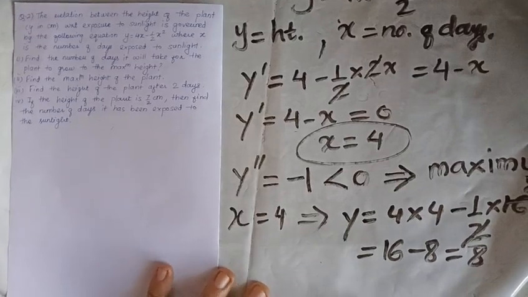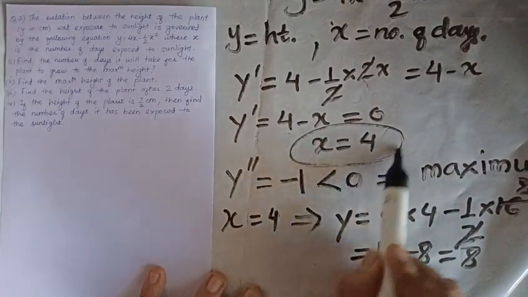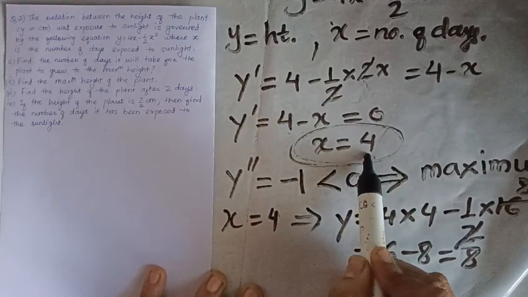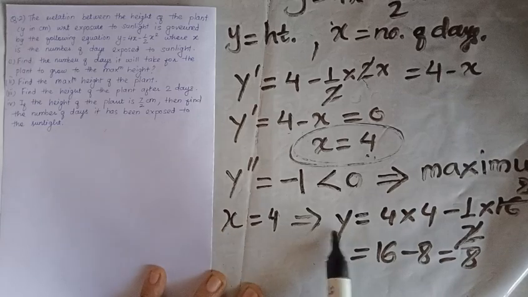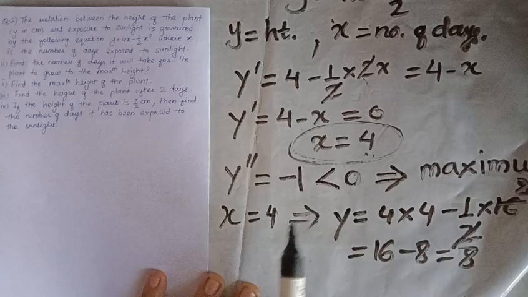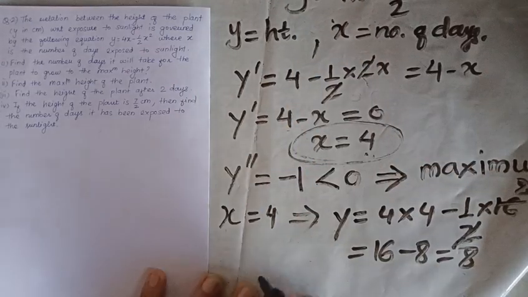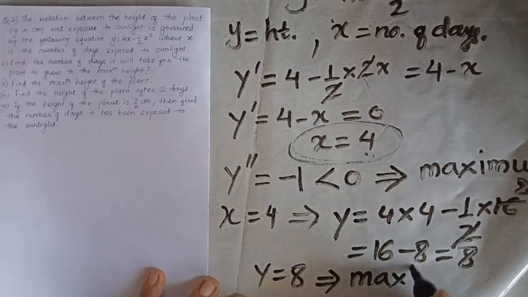So after getting the maxima, x equal to 4 becomes the point of maximum. We have to find the maximum height by substituting x equal to 4 in the original equation. So we get y equal to 8. Now y equal to 8 is the maximum height.